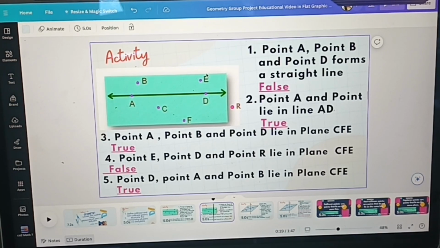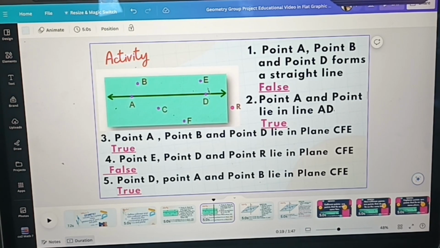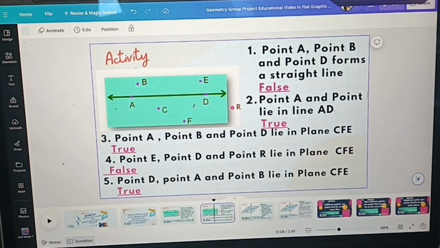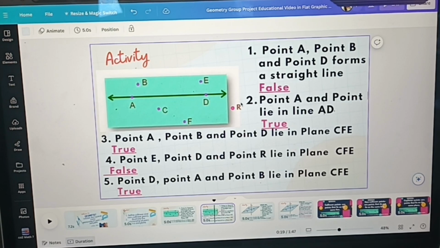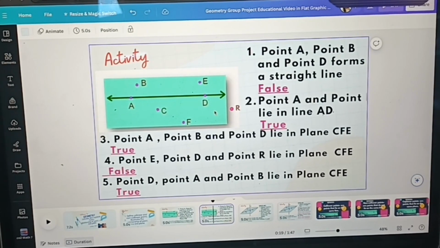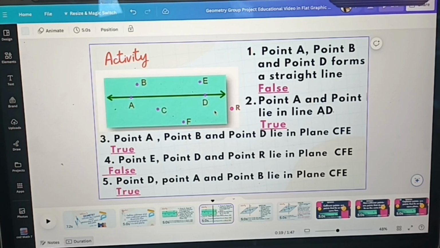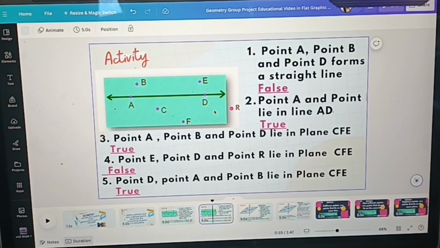Number 4, your point E, your point D, your point R lie in plane CFE. True or false? The answer is false. Number 5, your point D, your point A, and your point B lie in plane CFE. The answer is true. Let's proceed to our other activity.